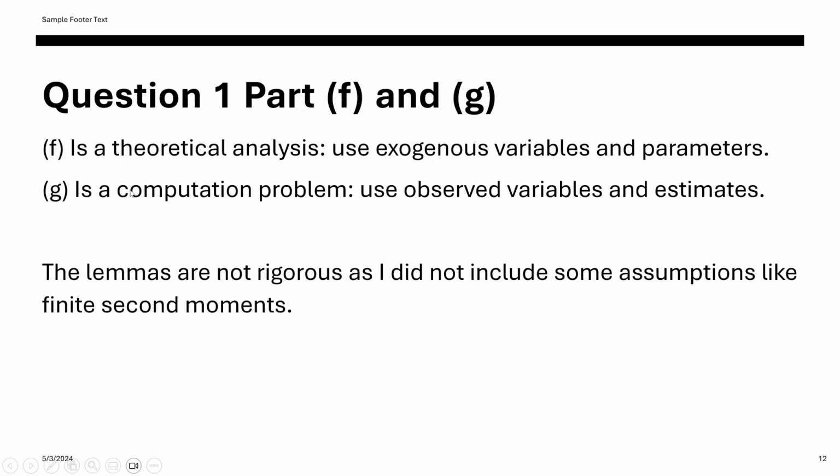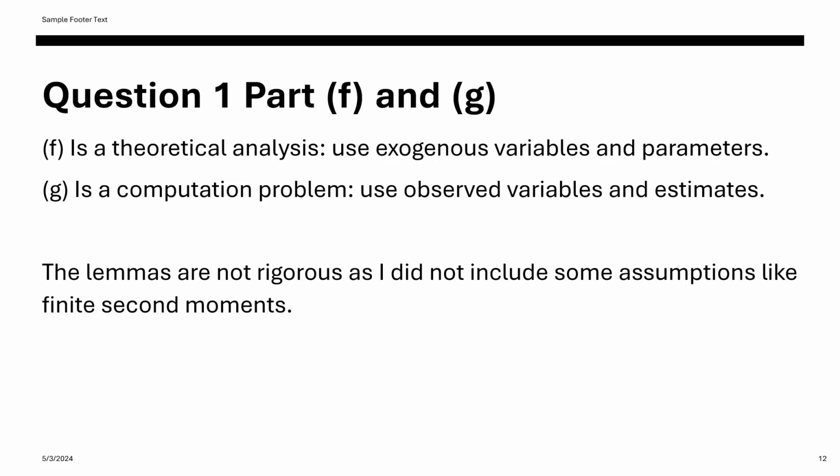However, computation does not allow you to use any unobserved, unavailable objects. So you have to explain how you utilize the observed variables and estimates, right? Back to the OLS example, the theoretical variance includes epsilon.